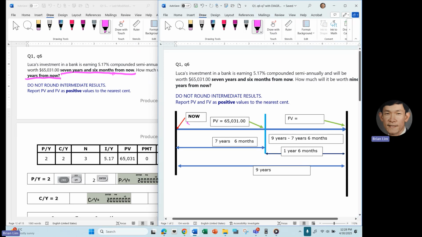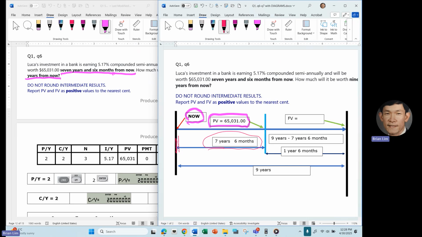Right here. So that is now. And then this amount of money in this box here, $65,031, is 7 years and 6 months from now. Now meaning right at this point here.